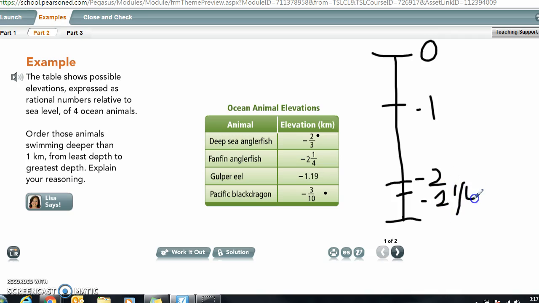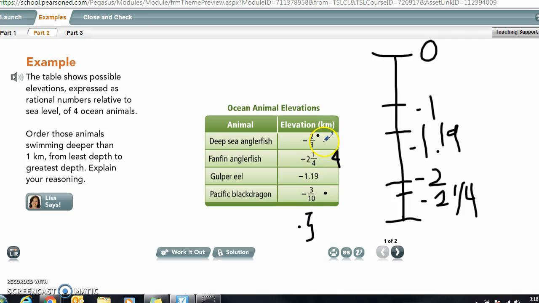Okay. So I know that this will be the greatest, which means if they want me to do least to greatest, my greatest will be number 4, followed by, well, I have -1.19. That's somewhere in here. And then I have these two fractions. Well, I know 3/10 is the same as saying 30 cents or 3/10.